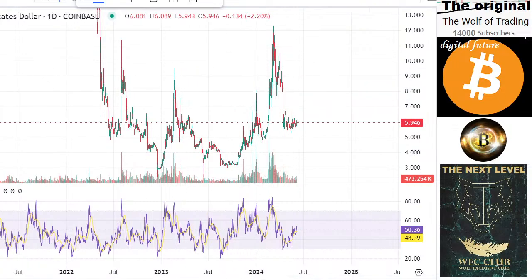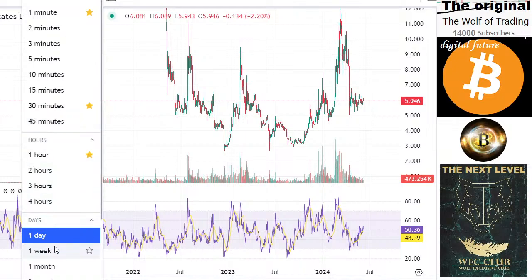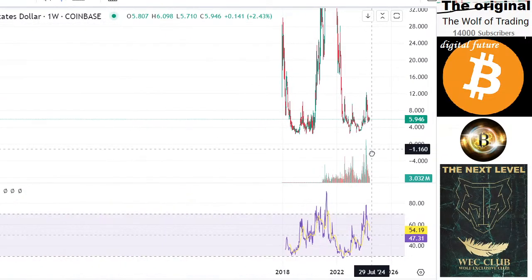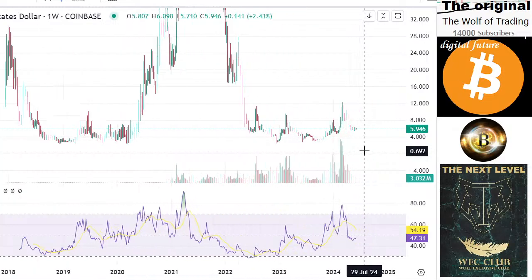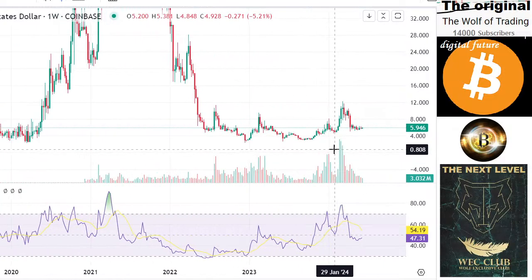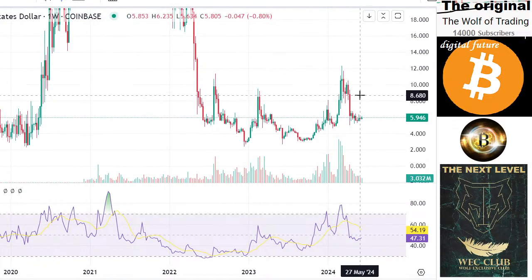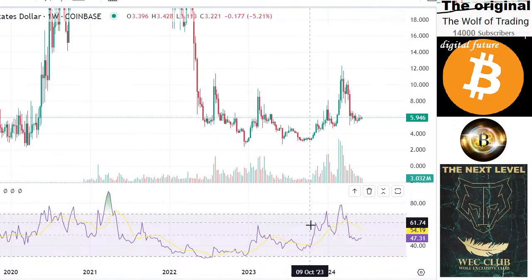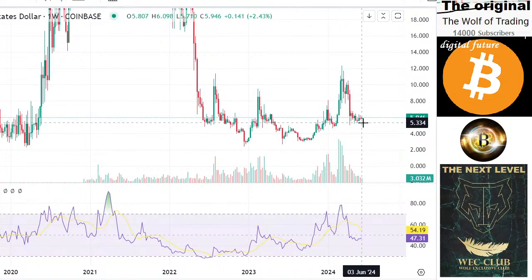So this is also interesting. You can see here our right shoulder, but the problem here at the right shoulder is that it is not finished.